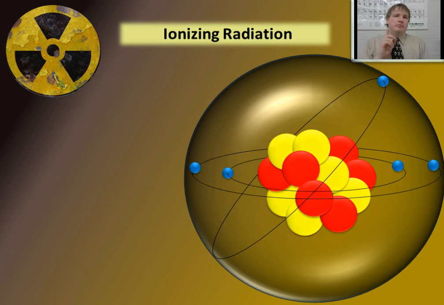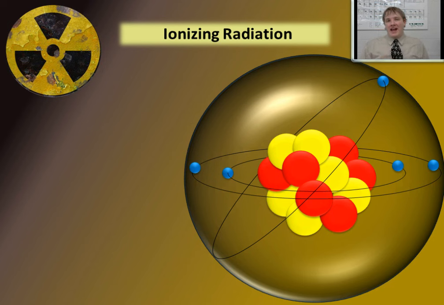But here's the problem with ionizing radiation. Sometimes if it causes damage, but not a lot of damage, cells won't die, they'll just change the way that they're bonded. And when that DNA gets copied because the cell reproduces, that change to the DNA also gets copied into the new cells that the body makes.